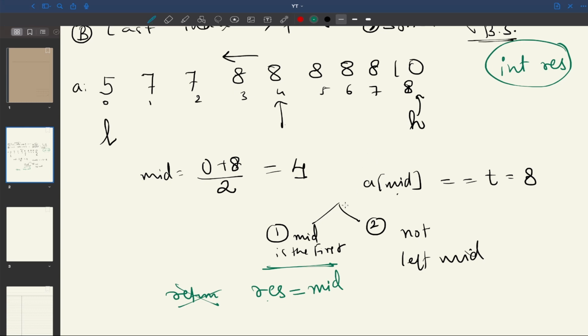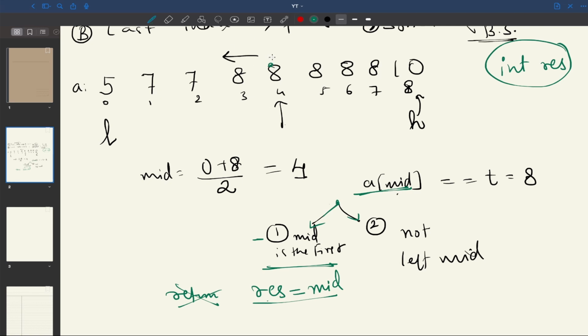Why? Because getting the target value at mid opens up two possibilities, right? I've taken care of the first possibility by saying okay, the possible answer can be at the index mid. So I'm storing that value. And if this is not my answer, I have to keep on searching further just to be sure that is there any 8 which has appeared before index number 4.